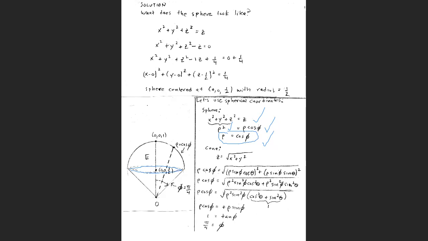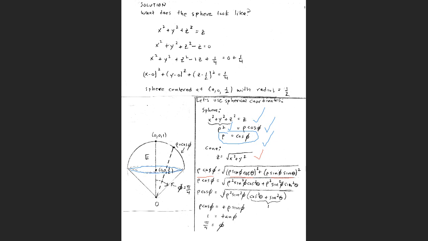Now the cone is z equals square root of x squared plus y squared. How am I going to represent the equation of the cone in spherical coordinates? Well, all I'm going to do is substitute in what z, x, and y are in spherical coordinates. Z is rho cosine phi, x is rho sine phi cosine theta, and y is rho sine phi sine theta. You're going to square each of them.